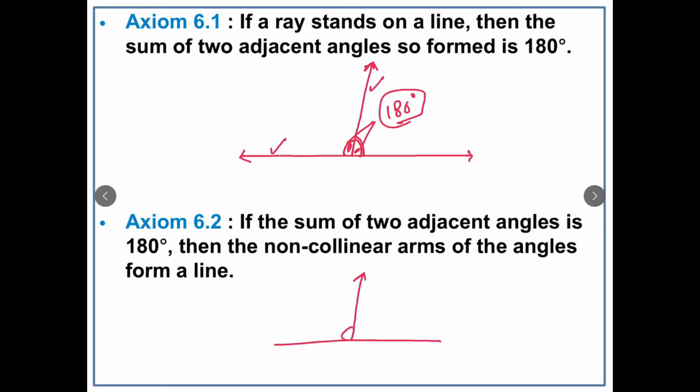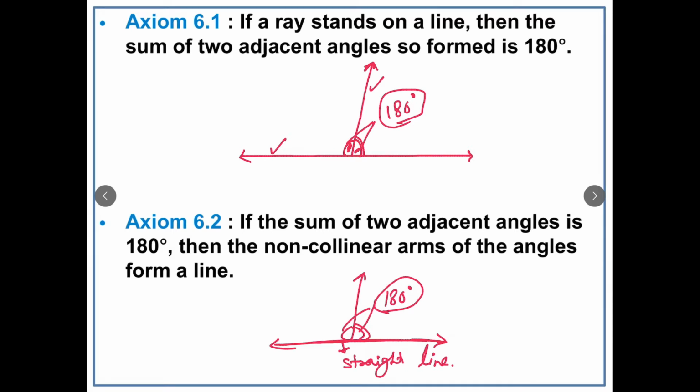This ray is making two angles, and it is given that the sum of these two angles is 180 degrees. So if the sum of the two adjacent angles is 180 degrees, then this baseline will be a straight line. That's what axiom 6.2 says.